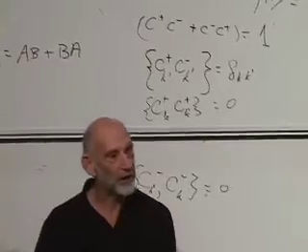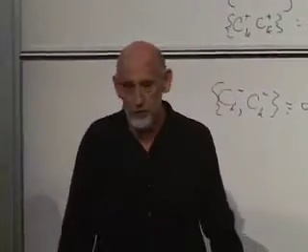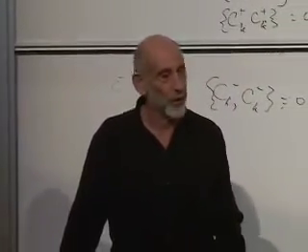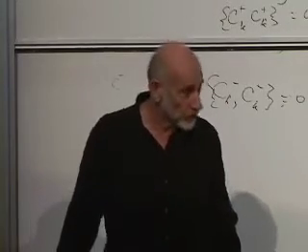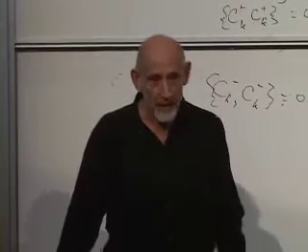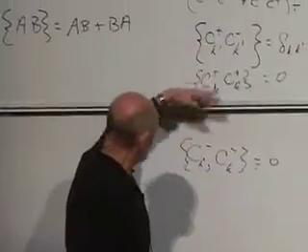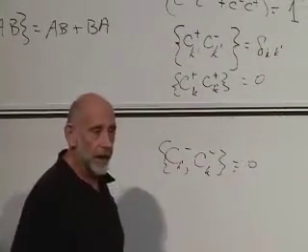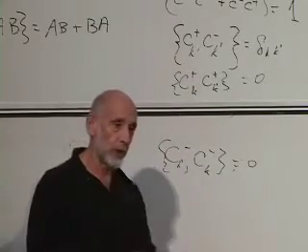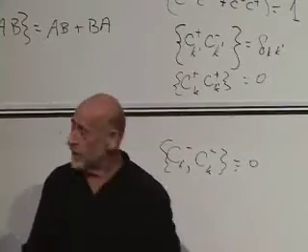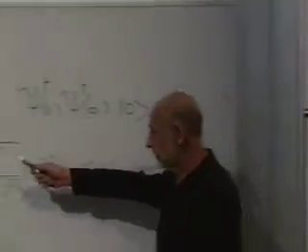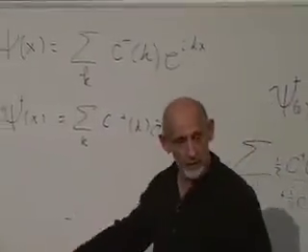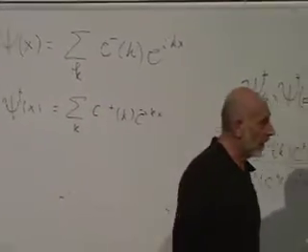It's the physics that not only can't you put two particles into the same momentum state, but you can't put them into the same position state, for example. What I'm showing you is that with this algebra, if this algebra is correct, you can't put them into the same state altogether.